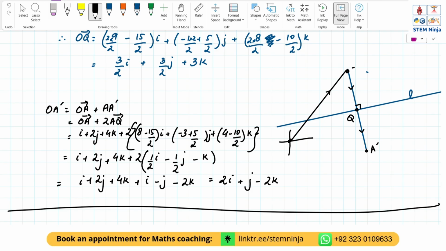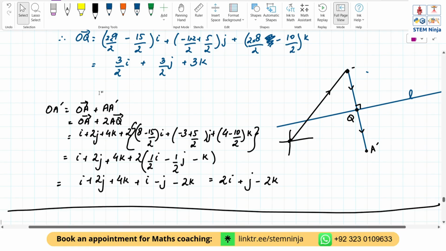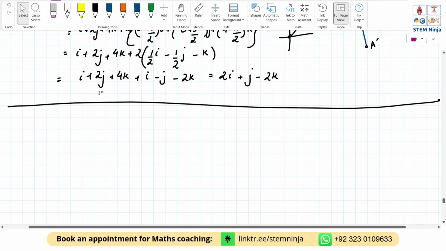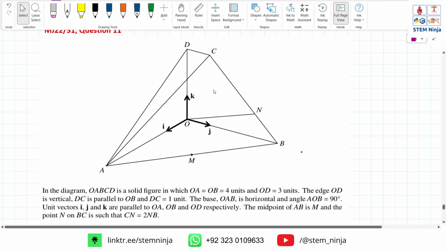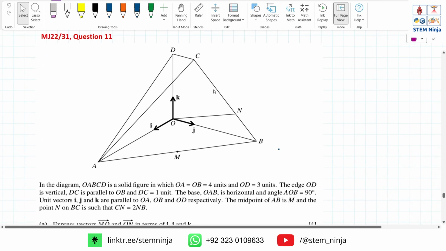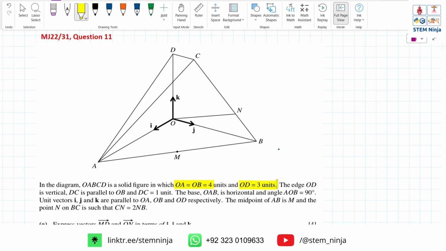So now let's look at 3D problems which we encounter in exams. All right, so let's see this question. In the diagram, OABCD is a solid figure in which OA is equal to OB equals 4 units and OD is equal to 3 units. The edge OD is vertical.